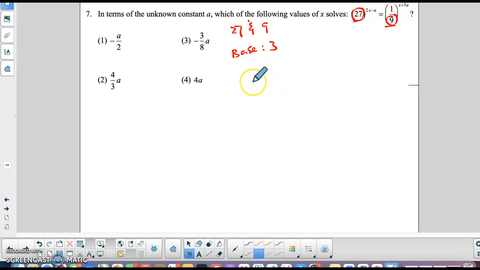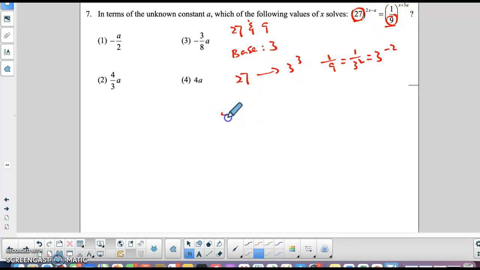Okay, so on the left side, 27, you can write it as 3 to the third power. For the 9, first of all, write it as 1 over 3 squared. Then you write it as 3 to the power of negative 2. And then now we go back to the equation.